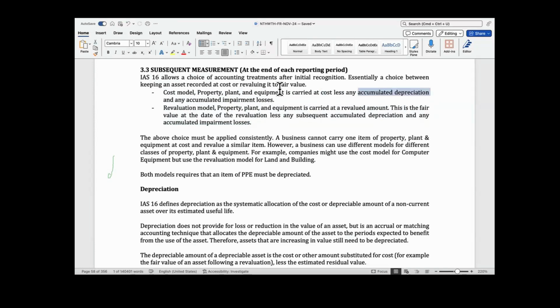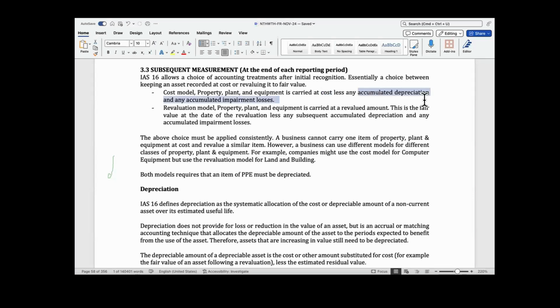So that means there will be an account for costs, which does not change. When I tell you that an asset is initially measured at cost, that cost is what will be in that account forever, except if there is additional cost. But it's going to be that cost at the end of the year. So there is an account for costs of the asset. That will be the asset account.